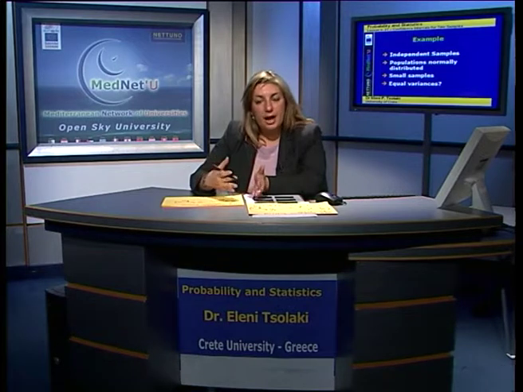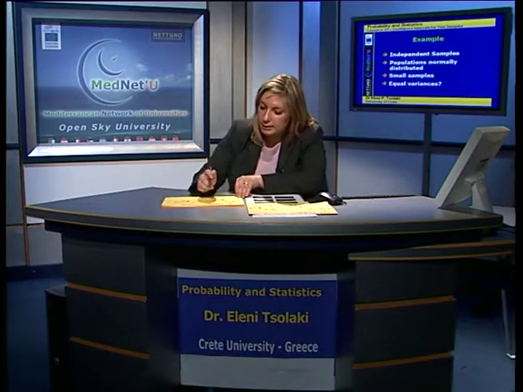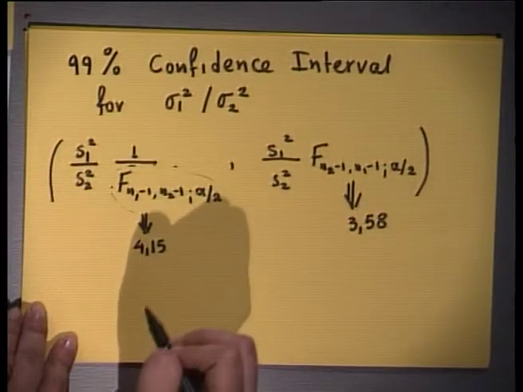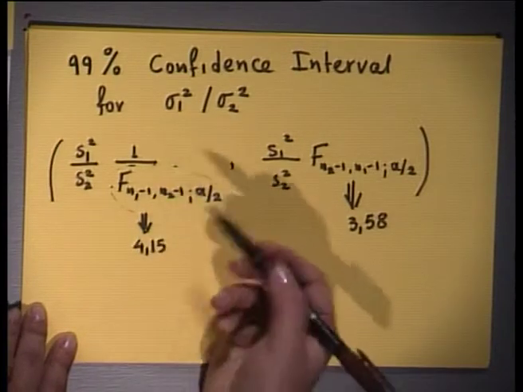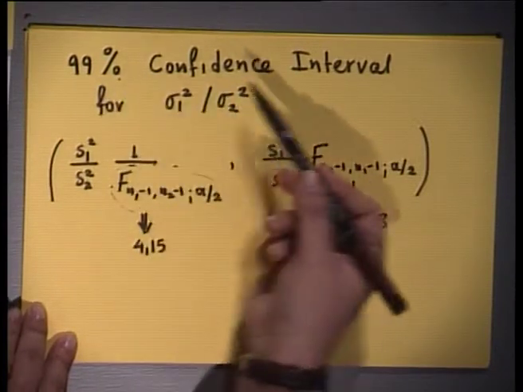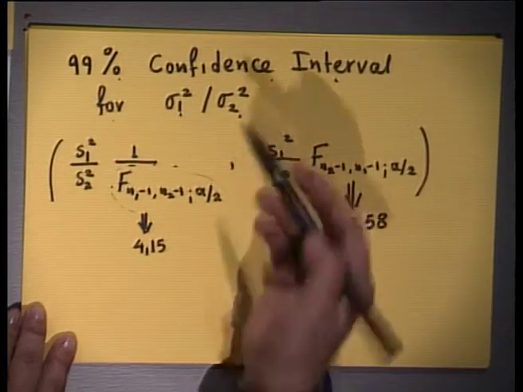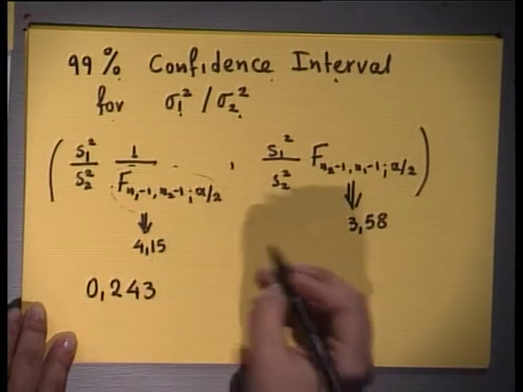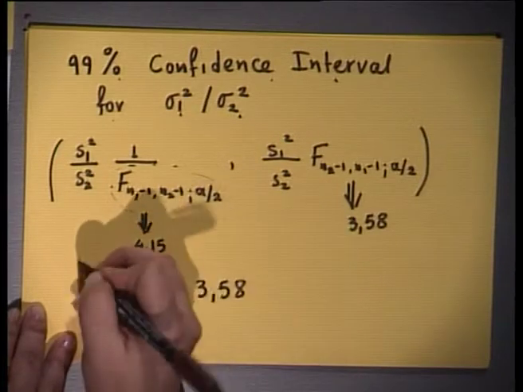Now, the F distribution, like the chi-square distribution, is not symmetrical. Calculating this formula, putting in the numbers we have found, we find that the 99% confidence interval for sigma 1 squared over sigma 2 squared is 0.243 to 3.58.